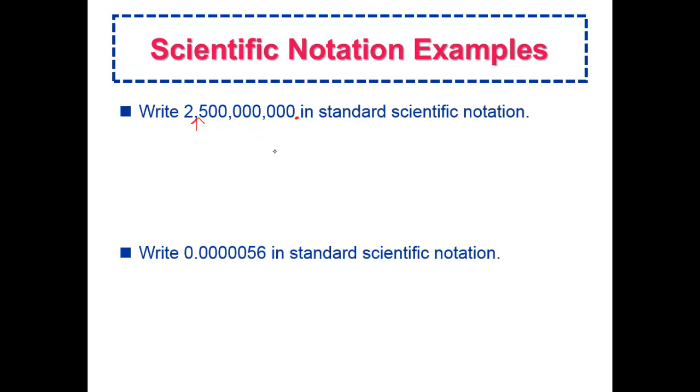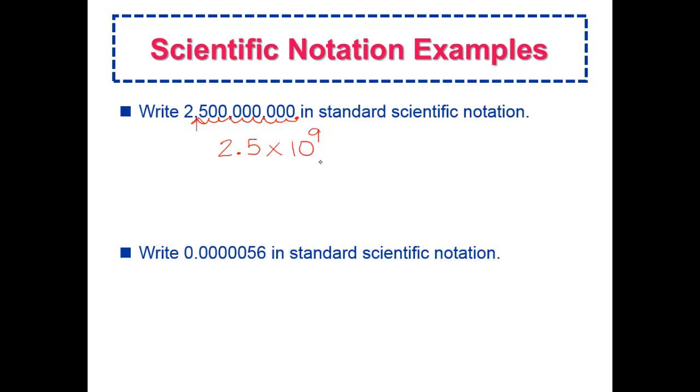So your number in scientific notation is going to look like some number times 10 to some power, meaning you're going to have an exponent. I want it to look like 2.5 times 10, and the power is how many places I'm going to move it. I'm going to move it 1, 2, 3, 4, 5, 6, 7, 8, 9. It took me 9 moves to get it there. So it's going to be 9.